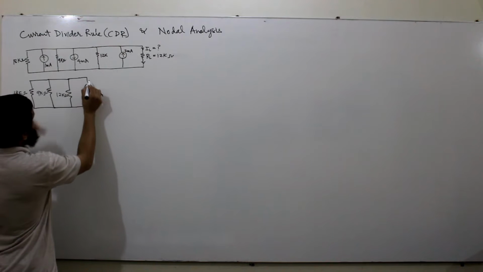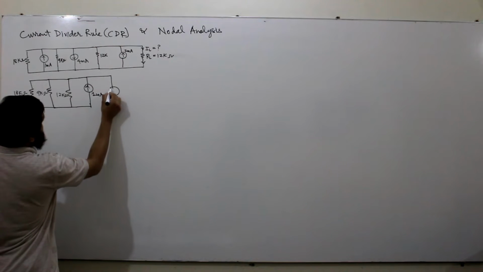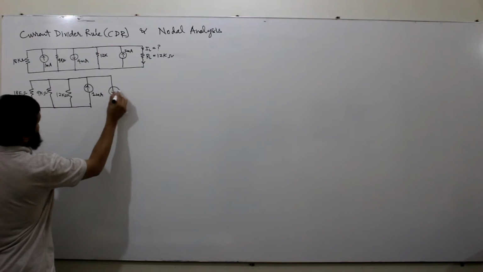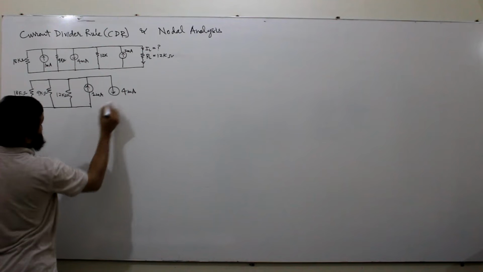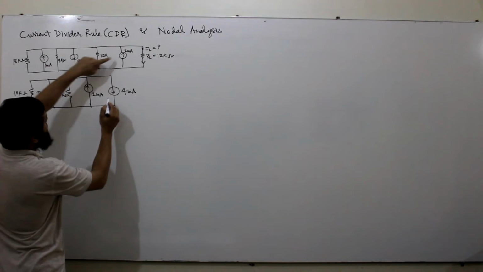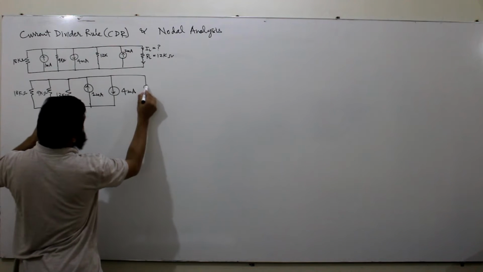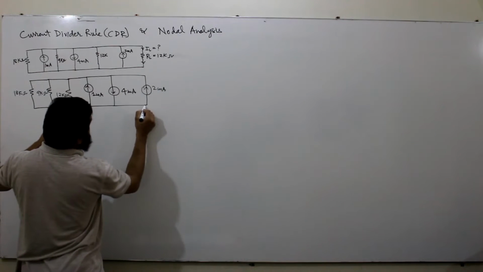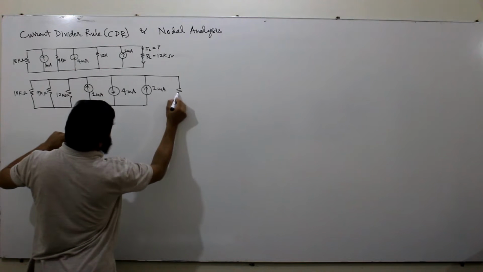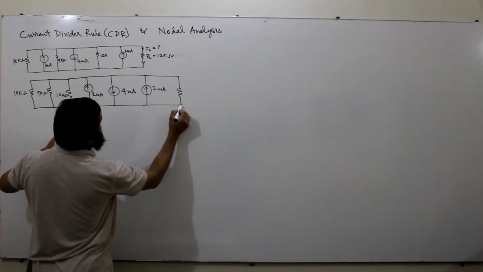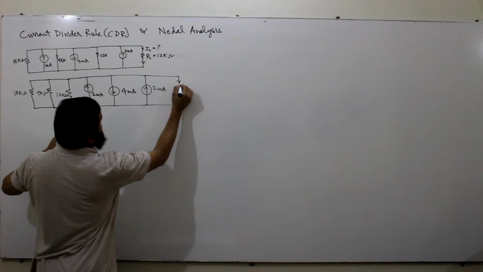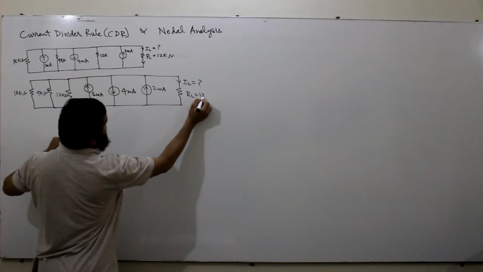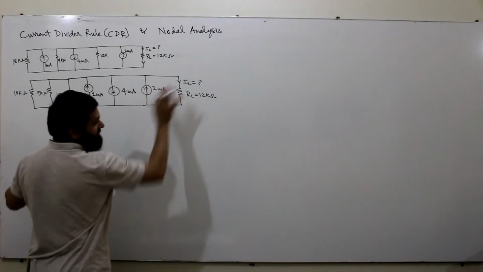This is 1 milliampere, the next one is 4 milliampere, and the final one is 2 milliampere. And this resistor I have kept deliberately separate because we cannot remove it, since we have to find out the current in this load resistor.